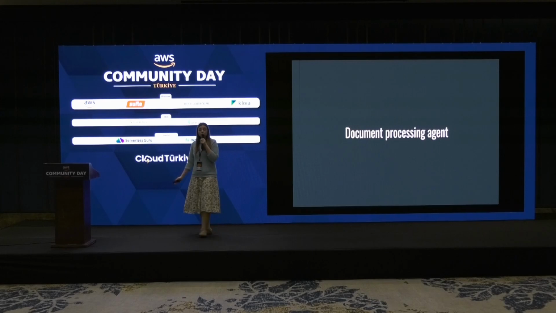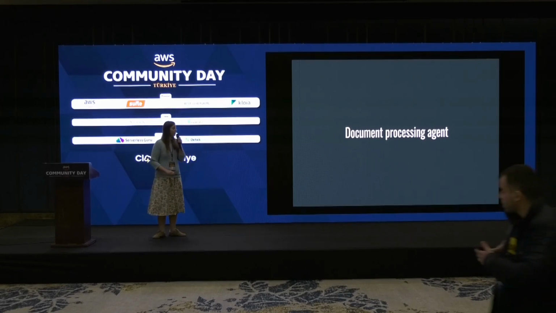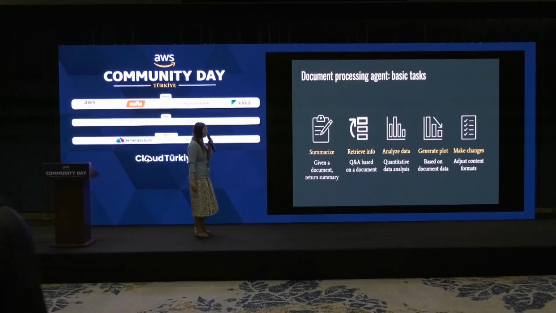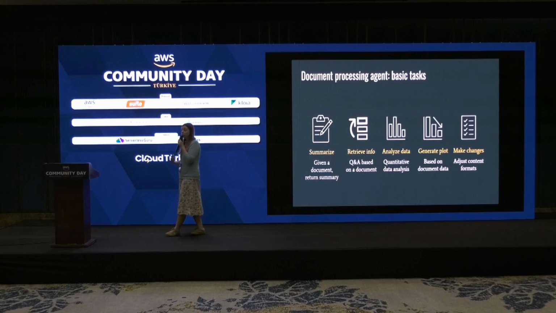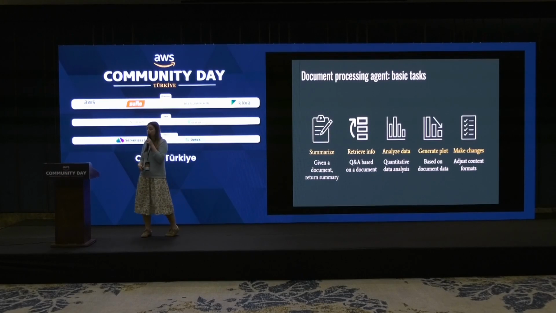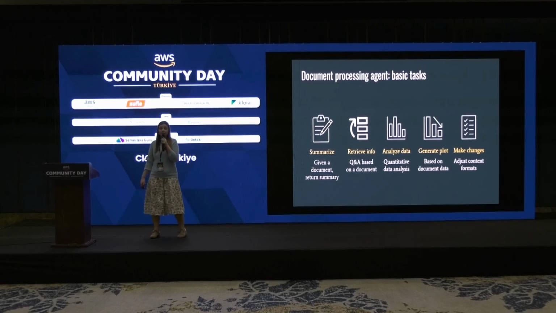If we talk about a document processing agent, I will try to talk about this in general, but this can be very specific to your use case, right? What kind of documents you're working with, what kind of industry you're working with. But there are some basic tasks that we would like to accomplish with a document processing agent.